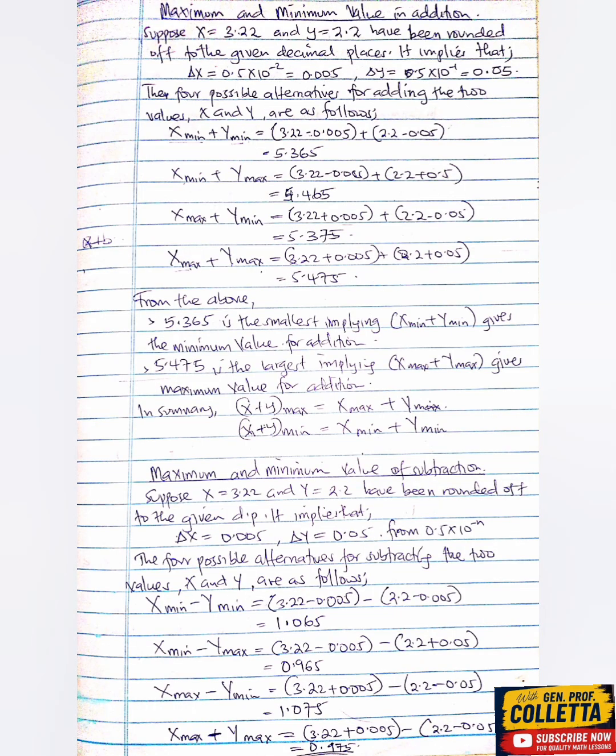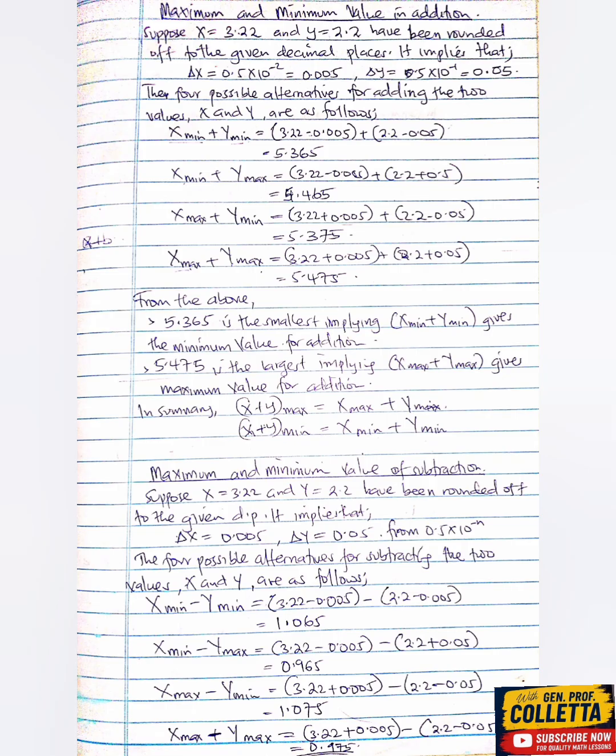When you talk about binary operations, what comes into your mind? Here we are looking at how we can get the maximum error and the minimum error in addition, subtraction, multiplication, division, and so on. Now we want to begin with addition, maximum and minimum value in addition.